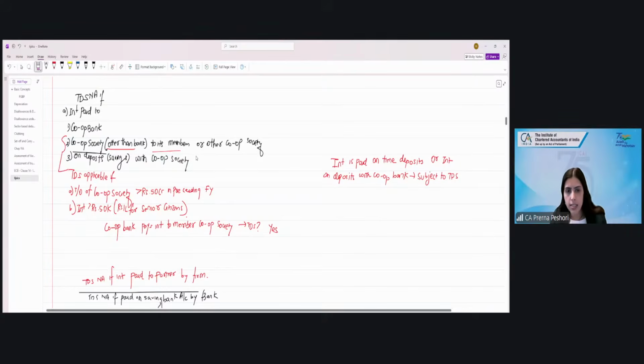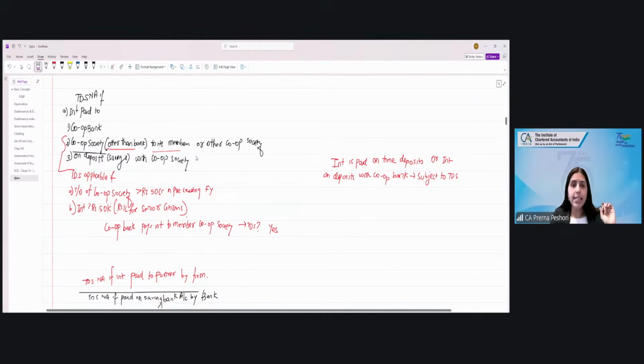In those cases, the TDS will not be applicable. Further, the TDS will also not be applicable in case of any interest on deposits with the saving bank account. Okay? Any questions, any doubt?